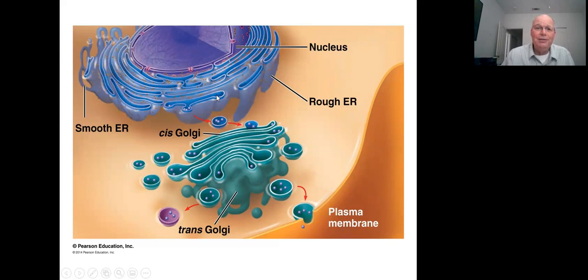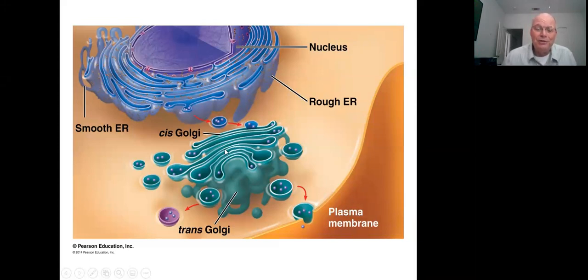So if you're getting this idea that the endoplasmic reticulum and the endomembrane system in general is a major biochemical manufacturing plant as far as the cell is concerned, that's really good, because that's exactly what it is, and that's exactly how you need to think about it. And the various components are tied together by these mobile units, the transport vesicles, that link the nuclear envelope and endoplasmic reticulum manufacturing plant with the warehouse, the Golgi apparatus, which in turn is linked to the final destination, the customer, if you wish, the plasma membrane.